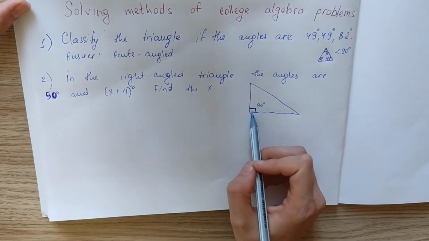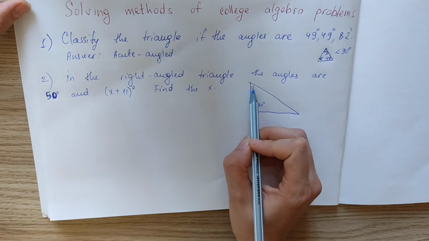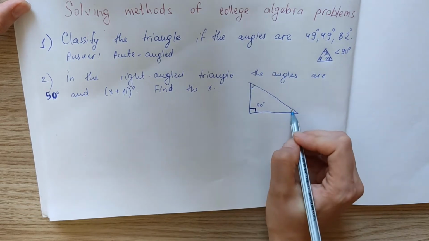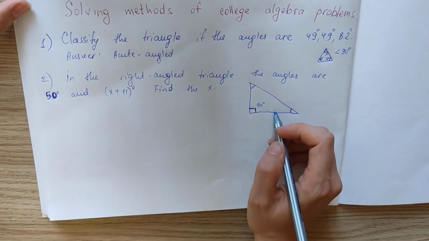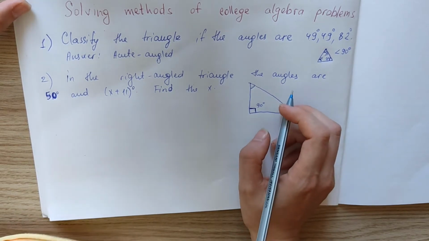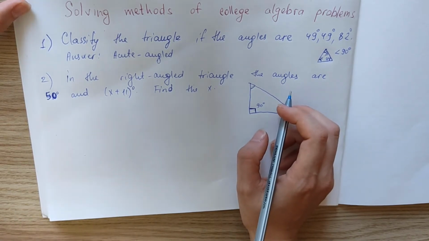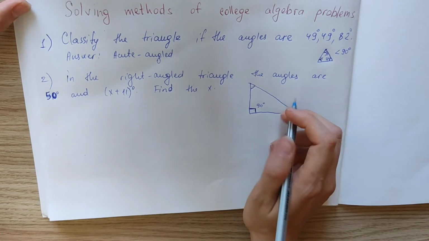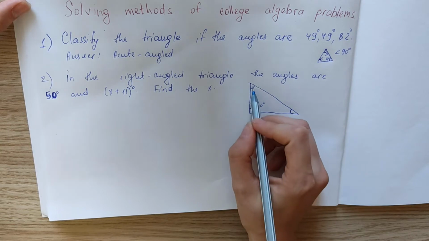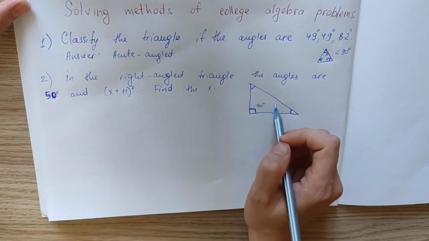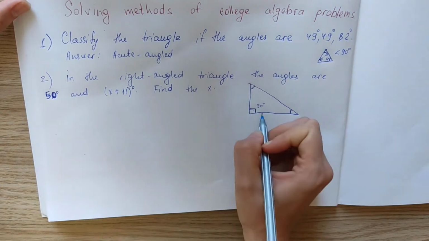So if it is 90 degrees, the sum of these two angles also should be 90 degrees, because we know that the angle sum property of triangle is that the sum of interior angles should be 180.